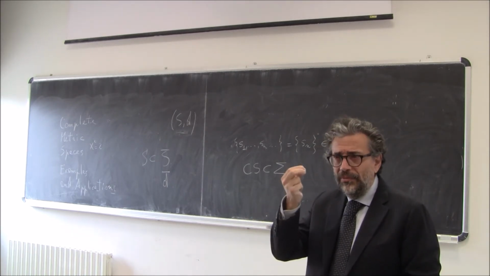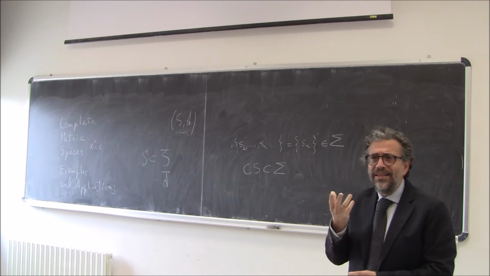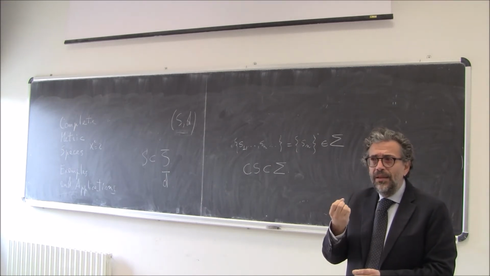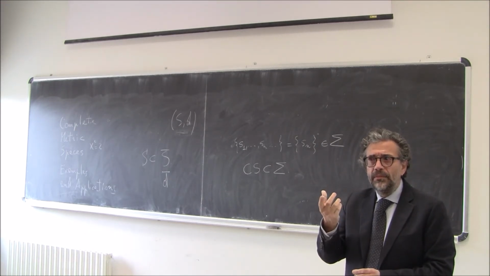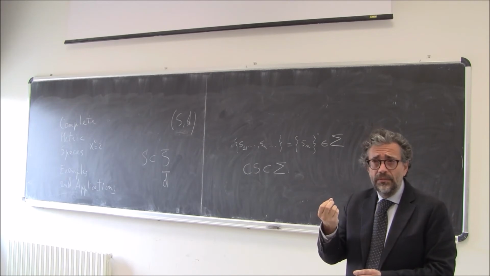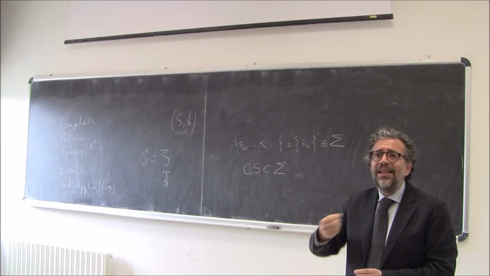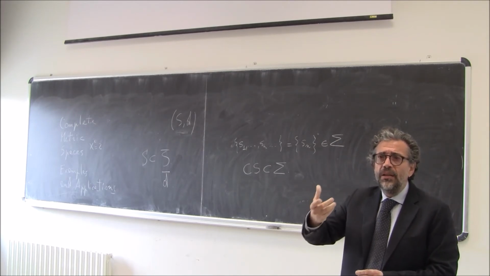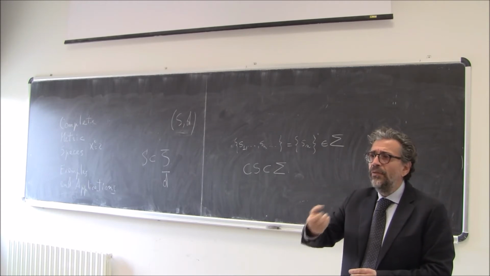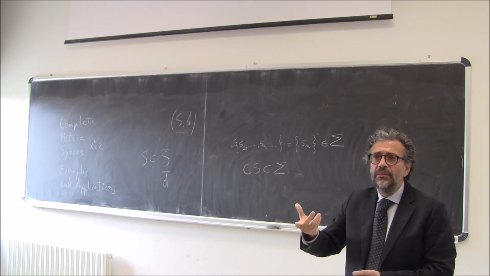Now, we move a little bit a step. A real number is an object characterized as a limit of Cauchy sequences of rational numbers.